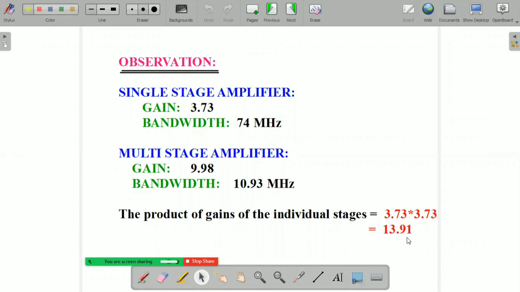It gives 13.91. But here we can see 13.91 is not equal to my multi-stage gain, that is 9.98. As I stated before, my multi-stage gain is always less than the product of individual gains. So hence it has been proved here.